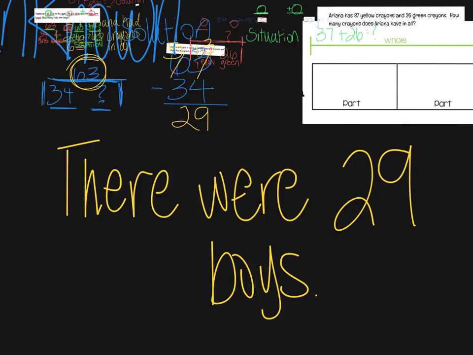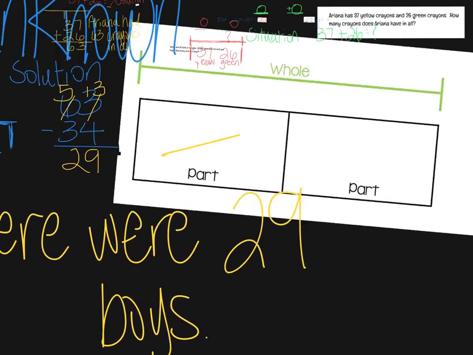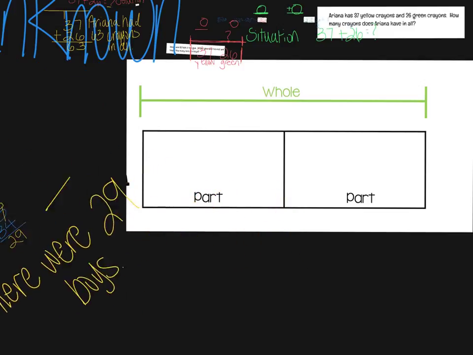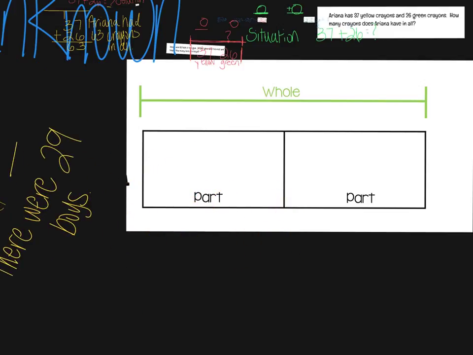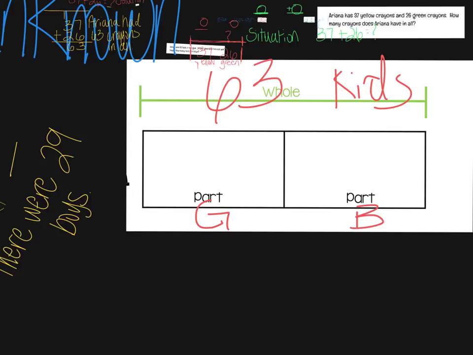So in this problem, we figured out how many boys we had. Let's take a look at our word problem structure, because when we had labeled it, we knew that we had girls, we had boys, and we had kids. We knew the number of kids, which was 63. We knew the number of girls, which was 34.